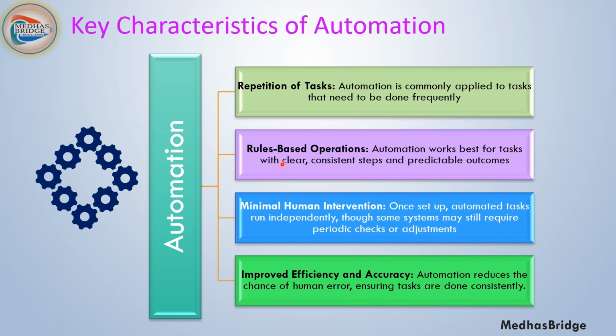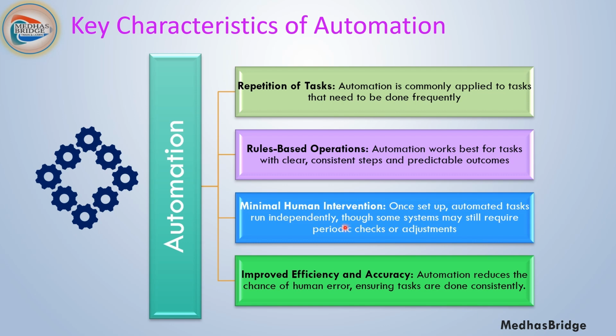Now let's look at rule-based operations. Automation works best for tasks with clear, consistent steps and predictable outcomes. That's what we call rule-based operations automation. Next, minimal human intervention. Once you have set up and automated all the tasks, that task can run independently.